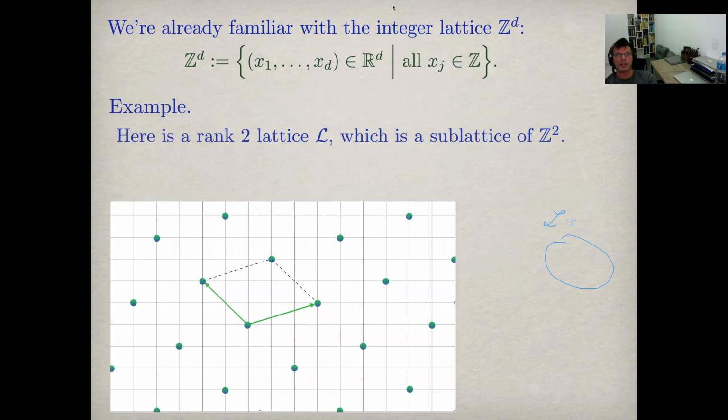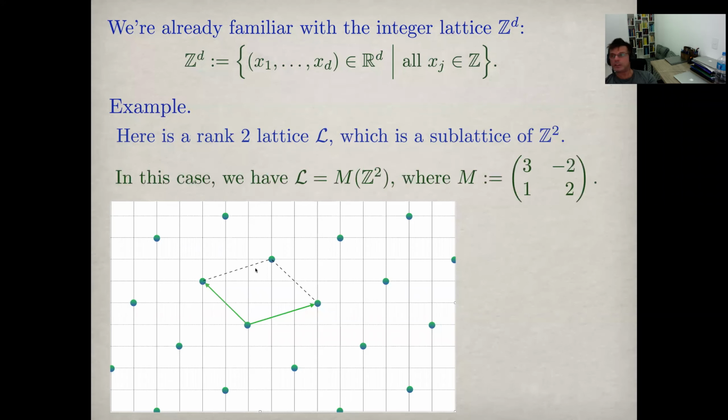Now we would like to have an example. Let me clear these drawings. Here's a two-dimensional integral lattice, which is a sublattice of the usual two-dimensional integer lattice. These are called integral lattices, where they're sublattices of the usual integer lattice. And we can write it as the image of the integer lattice under M, where M is this 2x2 matrix.